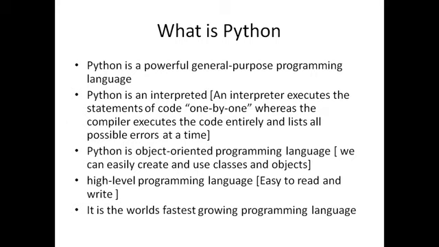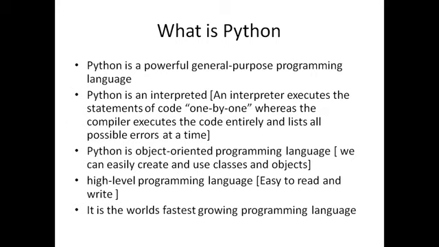In the case of Python, an interpreter executes the code one line at a time and lists the possible errors. Thus, in C or C++, you are thrown warnings or errors during compilation itself, whereas in Python you only get the warnings or errors when you execute the code.